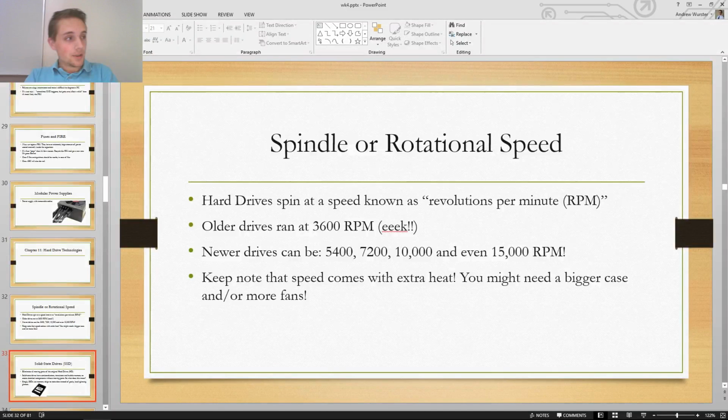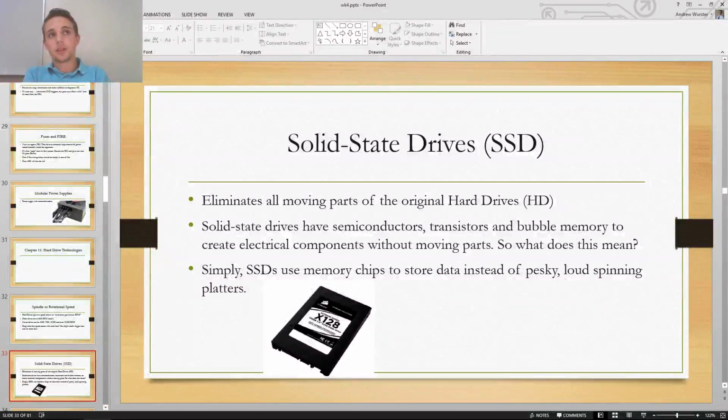So SSDs, a completely separate idea from original hard drives, with zero moving parts. It's basically like a high capacity flash drive, except much, much faster. This is the literal definition, the second bullet point, and it's literally just memory chips.